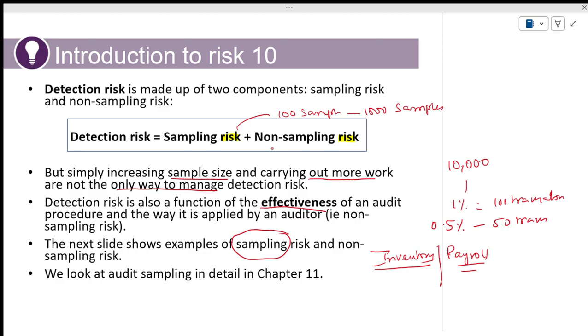They will give one question on substantive procedures on inventory. Payroll: what happens if you are paying cash? Especially in terms of wages. You are paying the wages and you don't have any follow-up action.